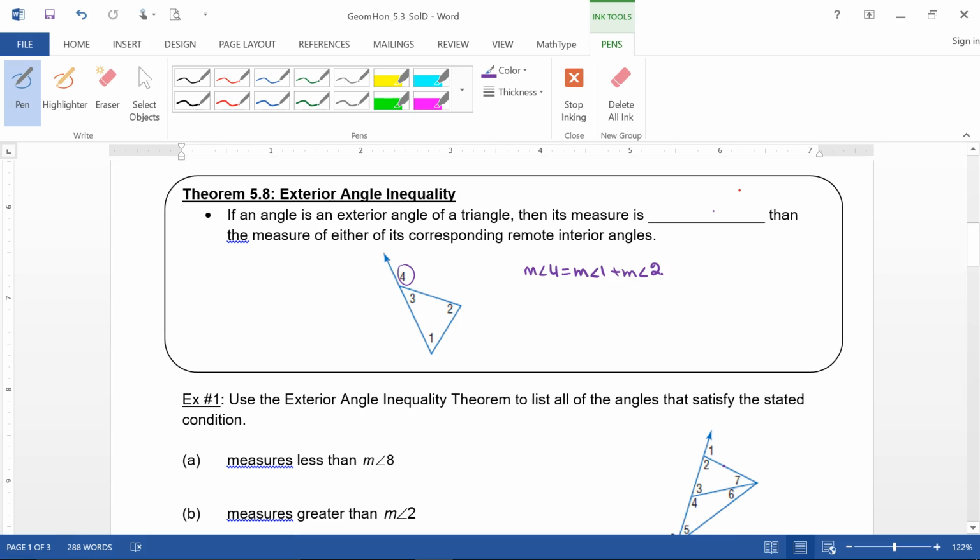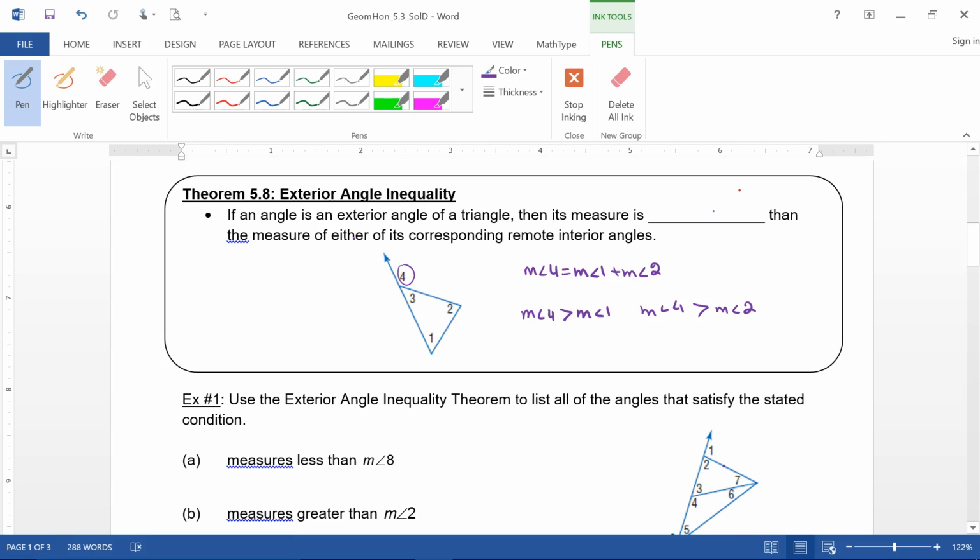Therefore, if you're adding two things in order to create angle 4, how do the measures of angle 4 and angle 1 compare? Which one would you say is bigger? 4 must be bigger than 1, right? Because you have to take 1, add something to it in order to get 4. And how about 4 and 2? Same thing, right? So measure of angle 4 is greater than measure of angle 1. Measure of angle 4 is greater than measure of angle 2.